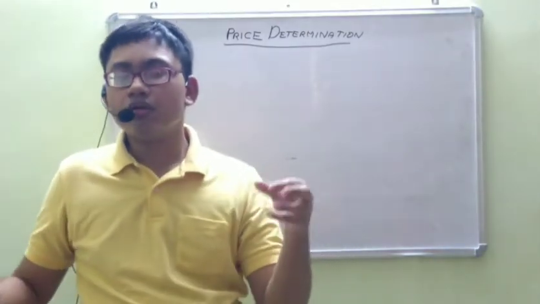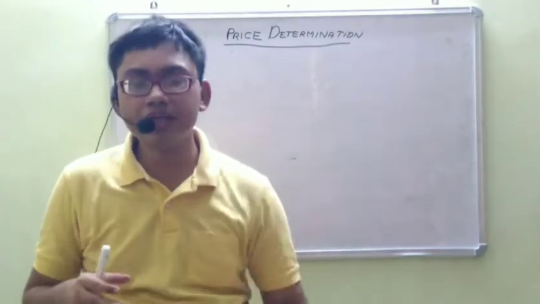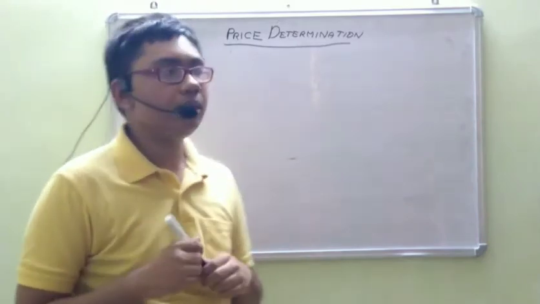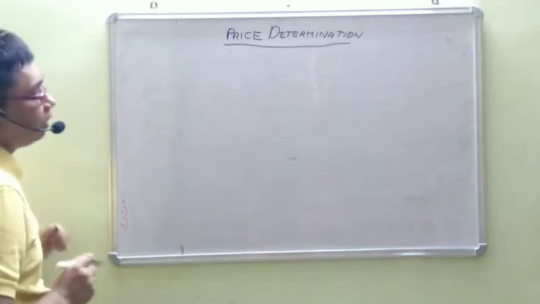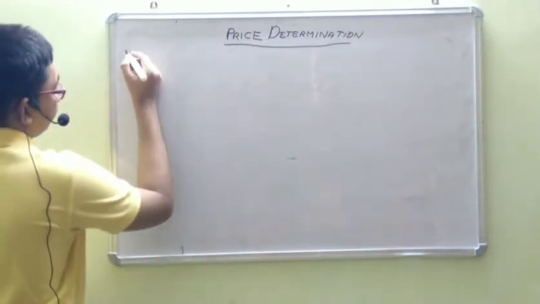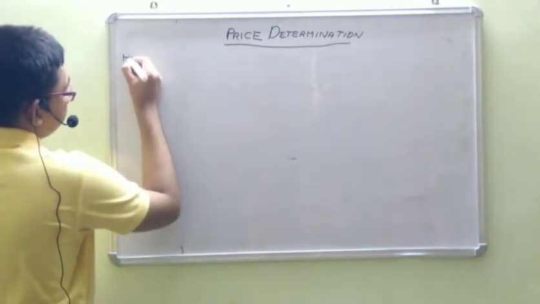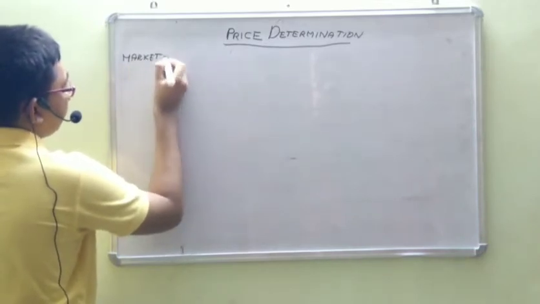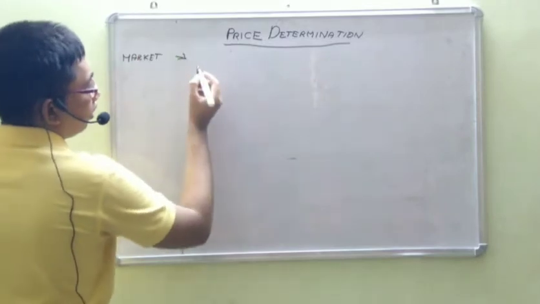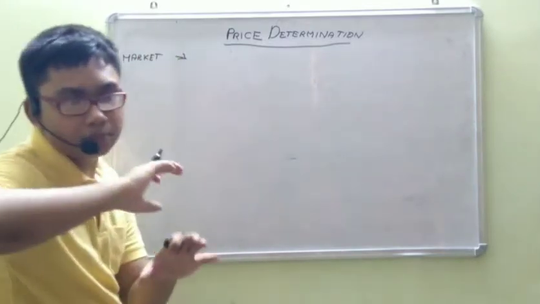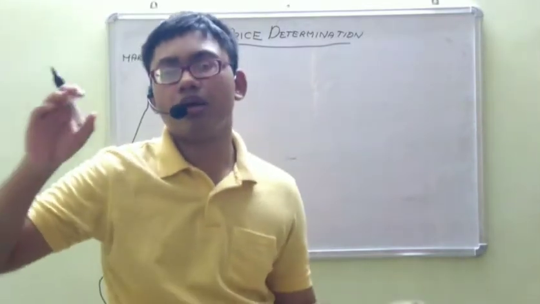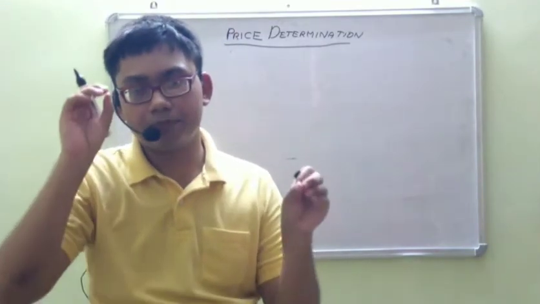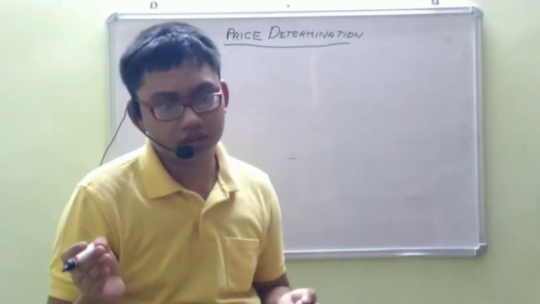Now, we want to discuss how the market will be in equilibrium. The basic condition for the market to be in equilibrium is that all what the buyers want to buy is supplied by the sellers at the price desired by the buyer.